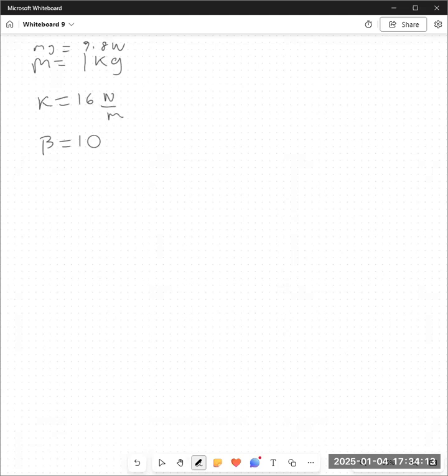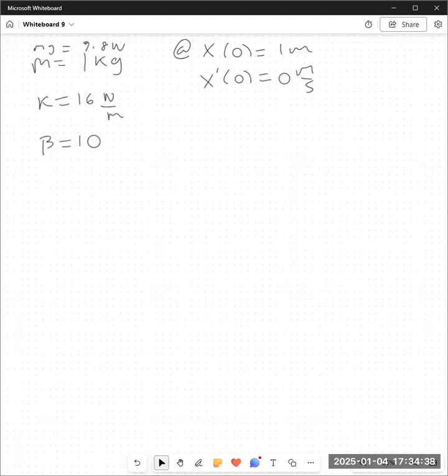find here that it says part A, the mass is initially released from a point 1 meter below equilibrium, released from rest. So 1 meter below equilibrium position.